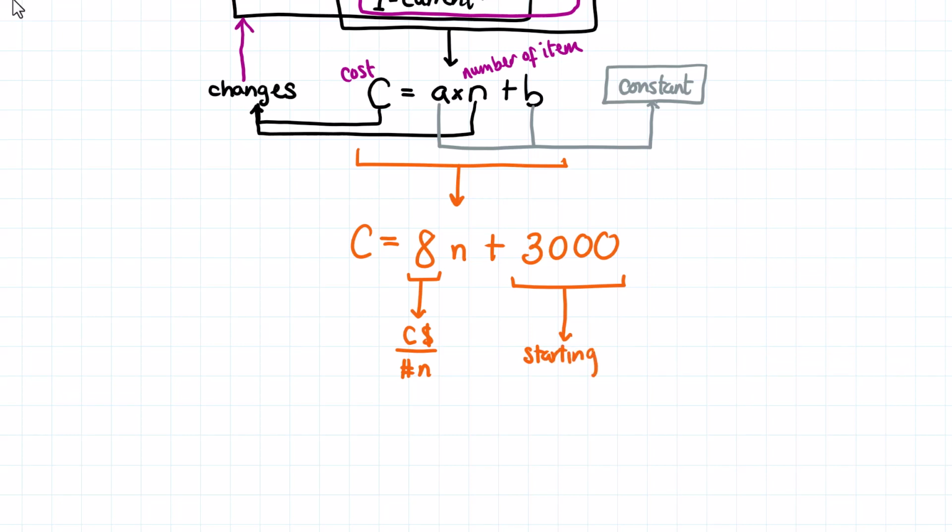Starting value, or you can say that it is the original value for no items, so the breaking point. Therefore, these two numbers are known as constants, which means that they are fixed.